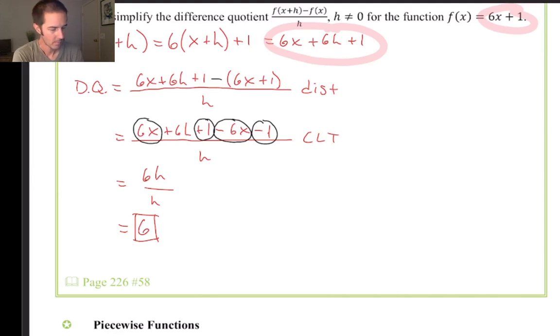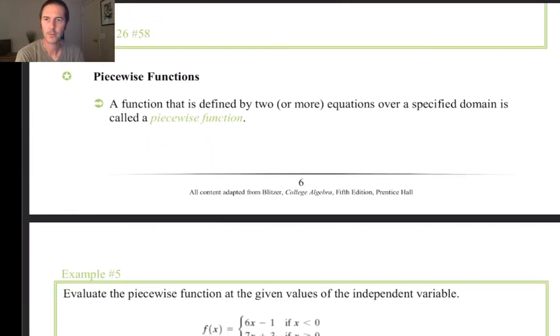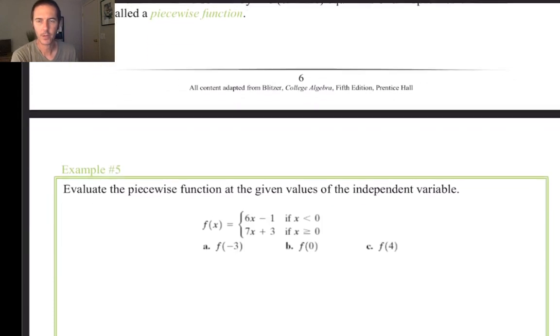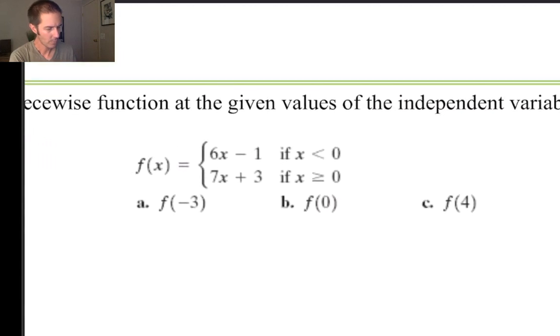So the difference quotient evaluated using the function f of x equals 6x plus 1 simplifies down to 6. Another type of function is the piecewise function, and a piecewise function is interesting because what you do with it depends on what your input value is.